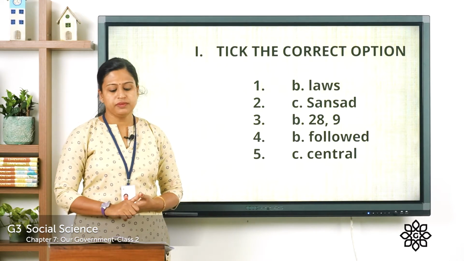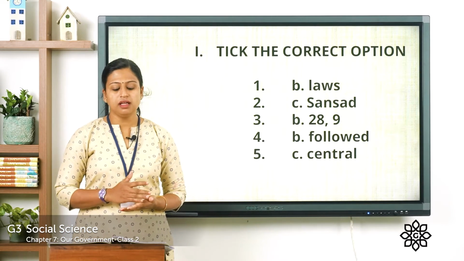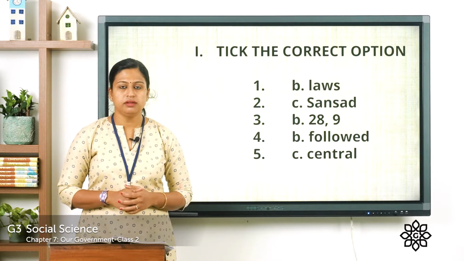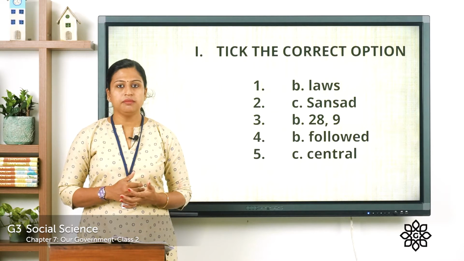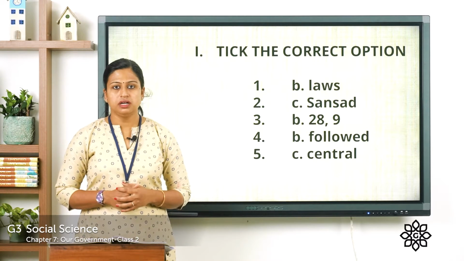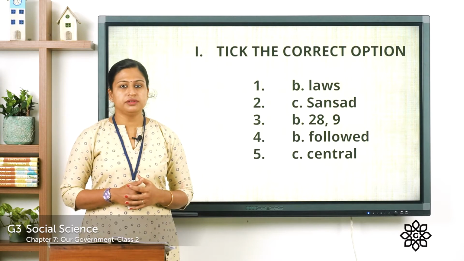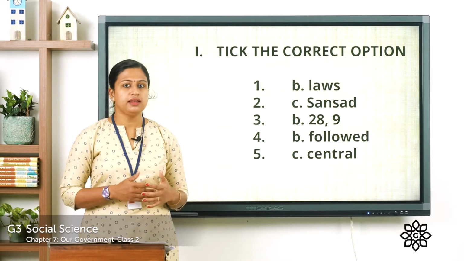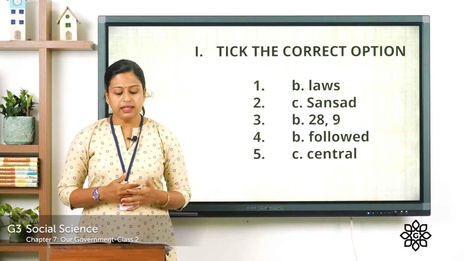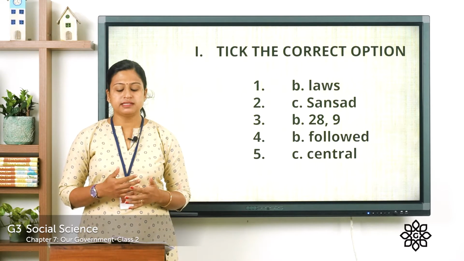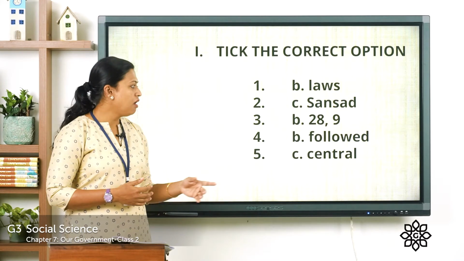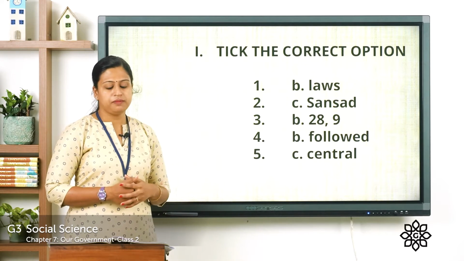So the first one: a government makes the laws of a country. Second one: in India, the parliament is known as the Sansad. Third: India is divided into 28 states and 9 union territories. Fourth one: an important part of the government's work is to make sure that the laws are followed by all.